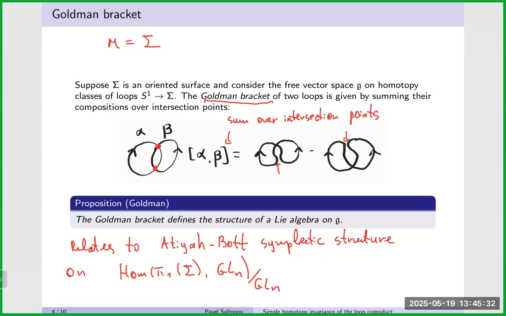If you have a loop, you get a function on this representation space given by the holonomy of the local system around this loop. So it gives you the trace of the holonomy, a function, and he was basically trying to compute the Poisson bracket of these functions. It turns out the Poisson bracket of these functions has a very easy combinatorial description.